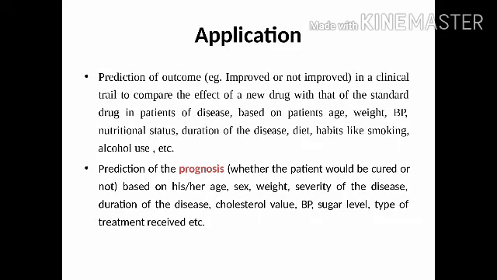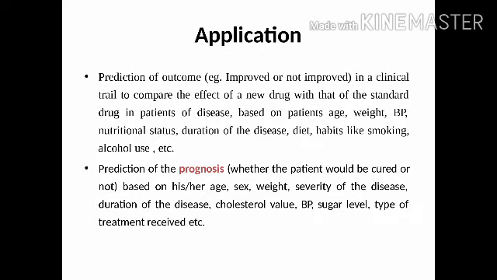Some applications are prediction of outcome, for example improved or not improved in a clinical trial, to compare the effect of a new drug with that of a standard drug in patients with a disease based on the patient's age, weight, BP, nutritional status, duration of the disease, diet, habits like smoking, alcohol use, etc. Using these factors, we can predict whether the patient improved or not improved.